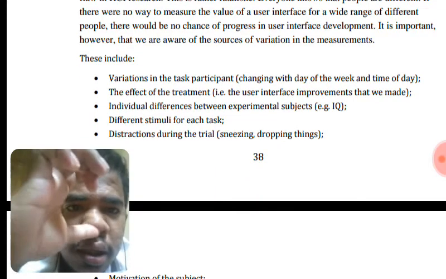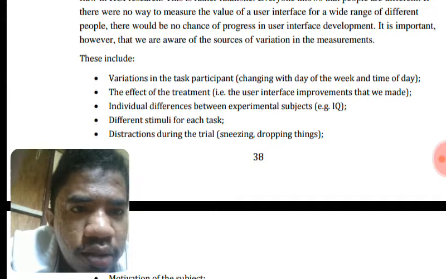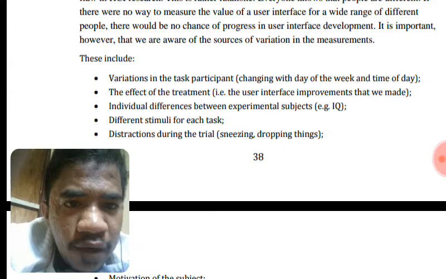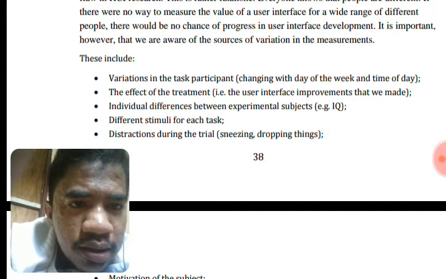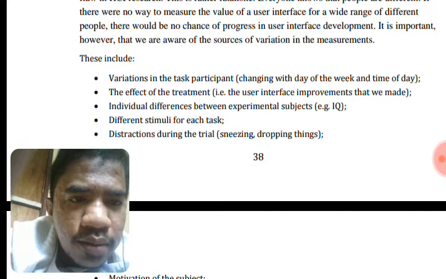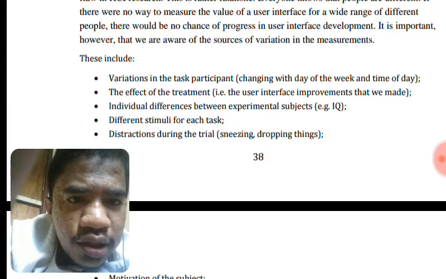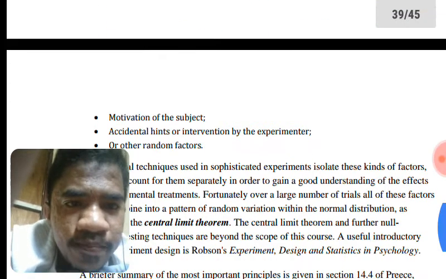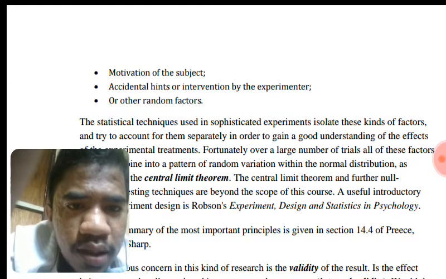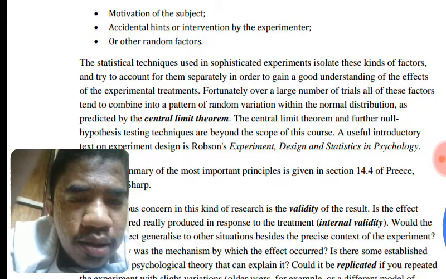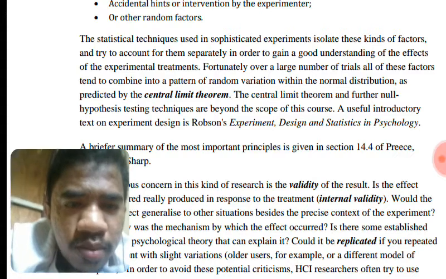These include variation in the task participant, changes in the day of the week and the time of day, the effect of the treatment, the user interface improvement that we made, individual differences between experiment subjects, different stimuli for each task, distraction during the trials, needing a break, motivation of the subject, accidental hints or intervention by the experimenter, or other random factors.